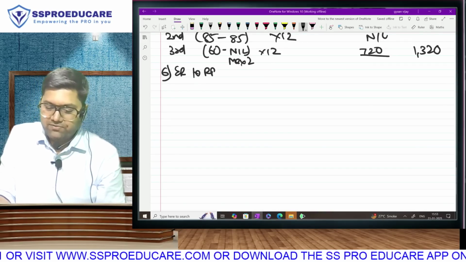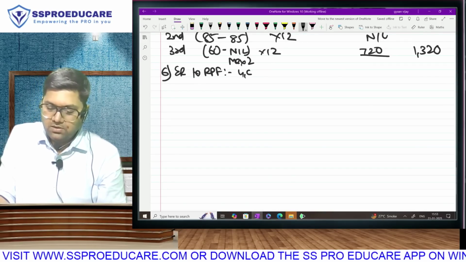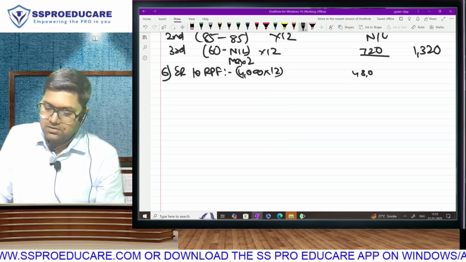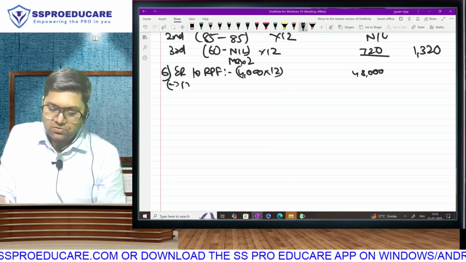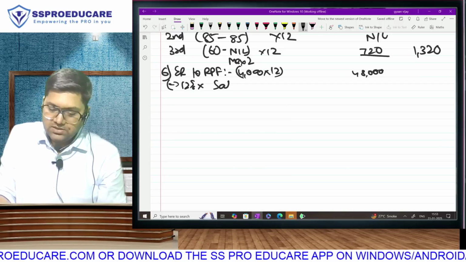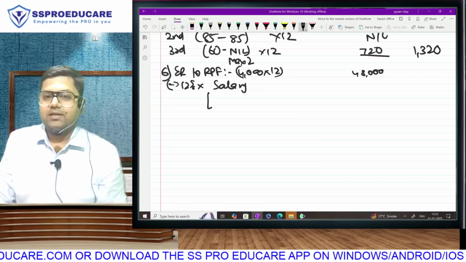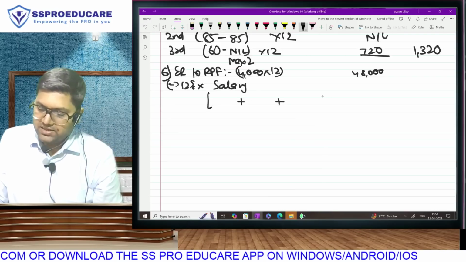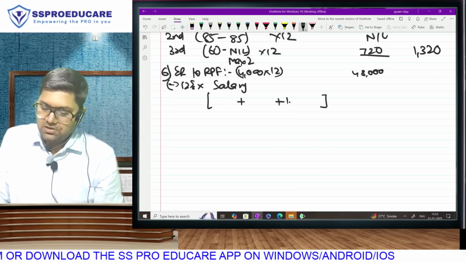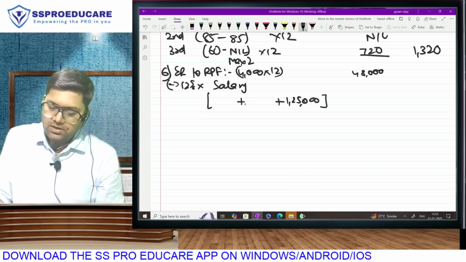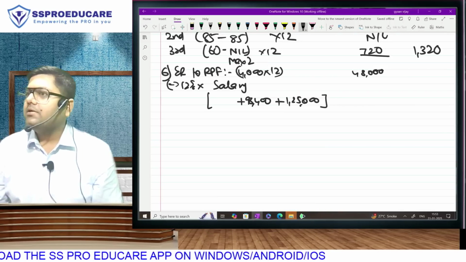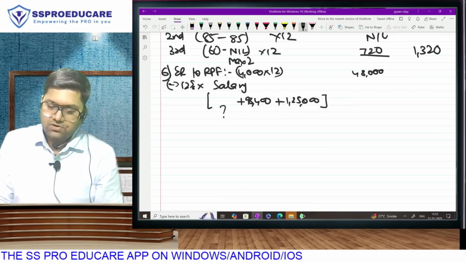Employer to RPF. How much has the employer contributed? 4,000 into 12. But inner column. Sir, why? Because we have exempt up to 12% of salary. This 12% of salary will cover your three things: basic, DA in terms and percentage commission 125, DA in terms 90,400. Ladies and gentlemen, boys and girls, what will be the basic salary?